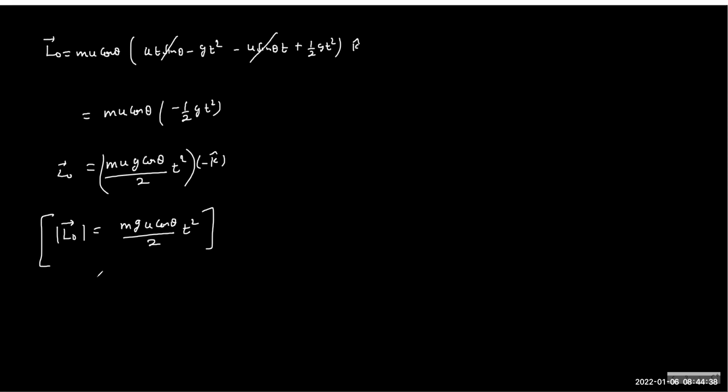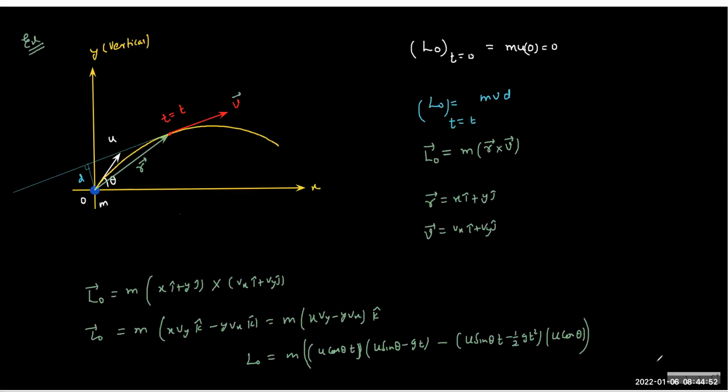This is the angular momentum as a time function. Okay. So you may get this question. We'll see later on how we can solve this question almost in one line without doing any of this calculation.